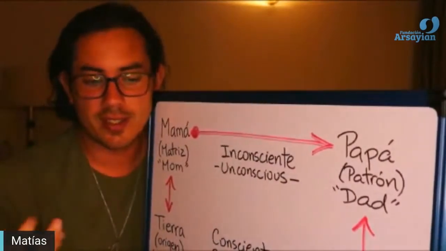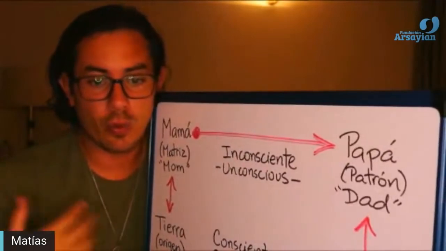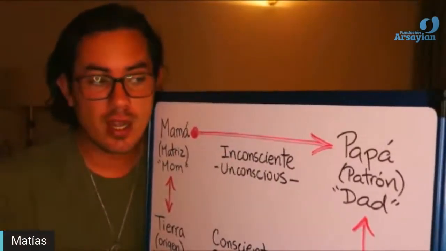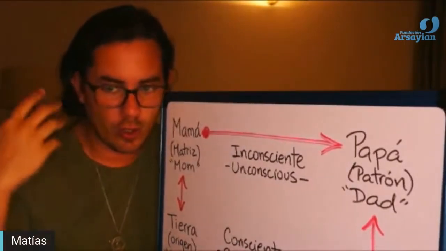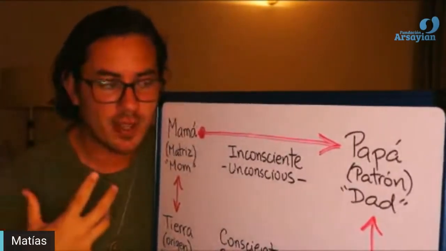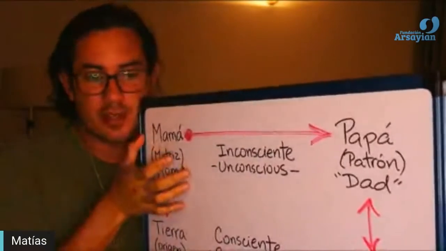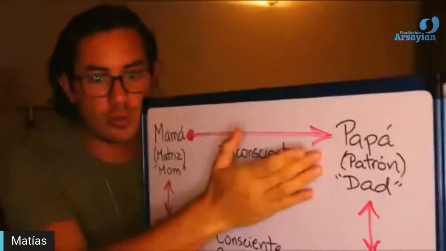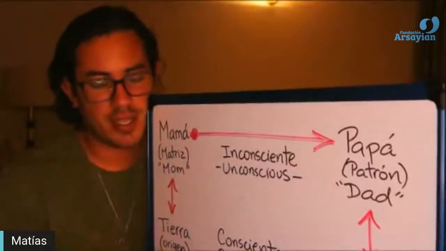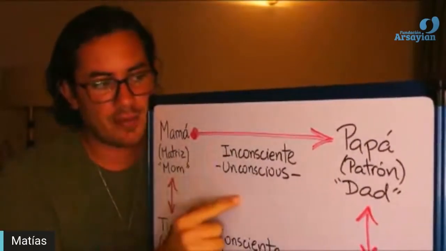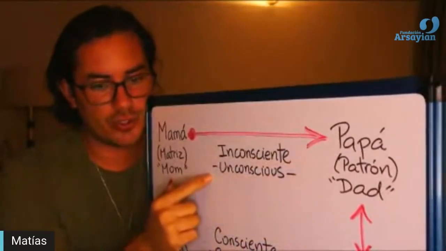We just decided that the male was the one guiding the herd. Because of this old vision of our species, we have created the idea that we come from the mother and we go towards the father. Basically, that's how we have it in our unconscious.